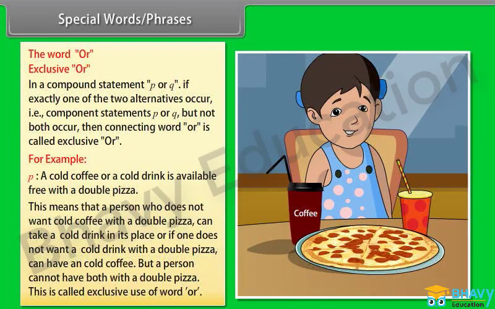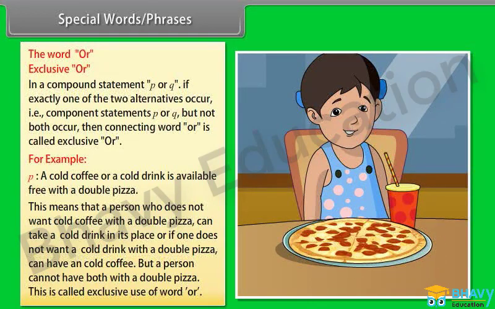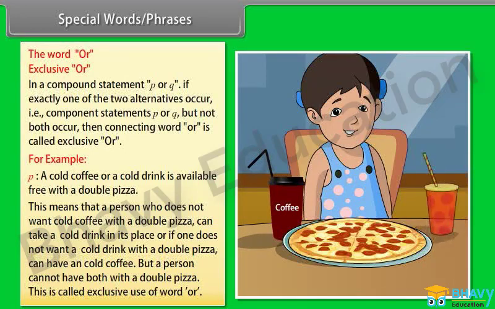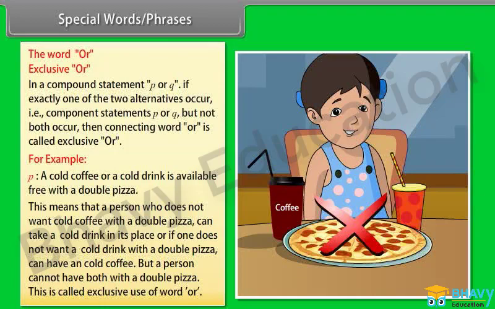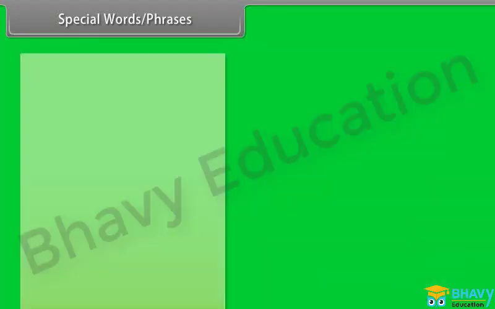This means that a person who does not want cold coffee with a double pizza can take a cold drink in its place. Or if one does not want a cold drink with a double pizza, can have a cold coffee. But a person cannot have both with a double pizza. This is called exclusive use of word or.